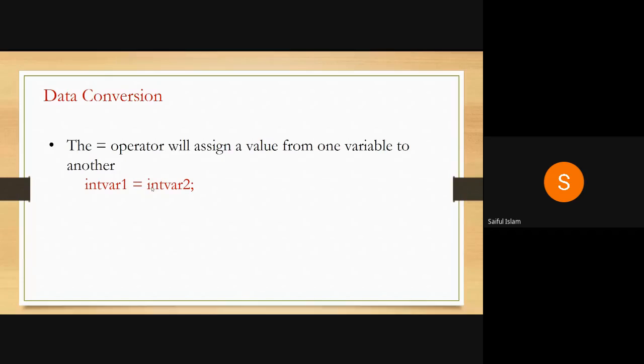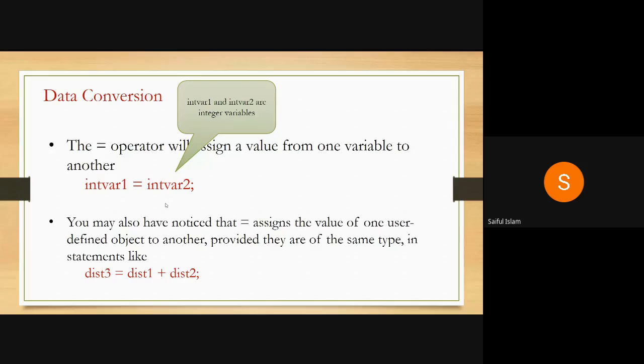If they are the same, then there is no problem. Immediate assignment is done. If they are not the same, then the compiler will try to convert it. Here I have integer variable 1 and integer variable 2. Both of them are the same type, so the assignment is immediate.